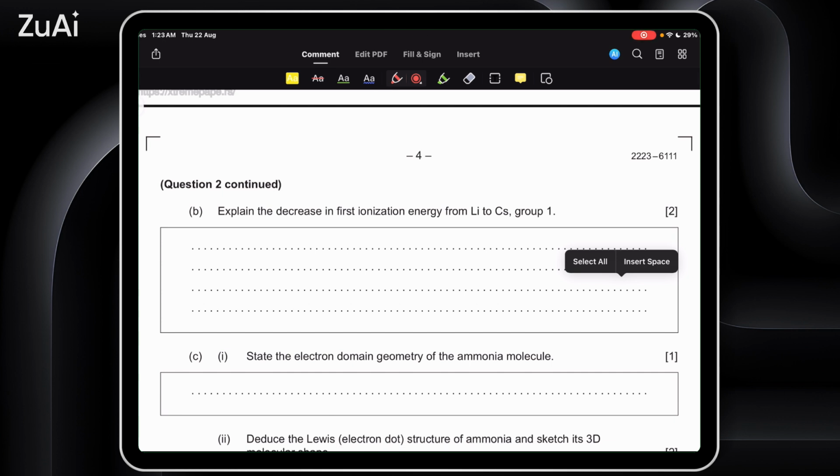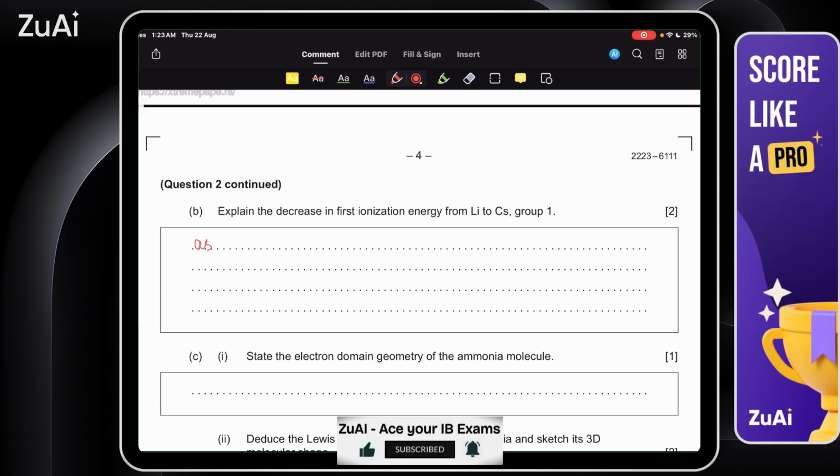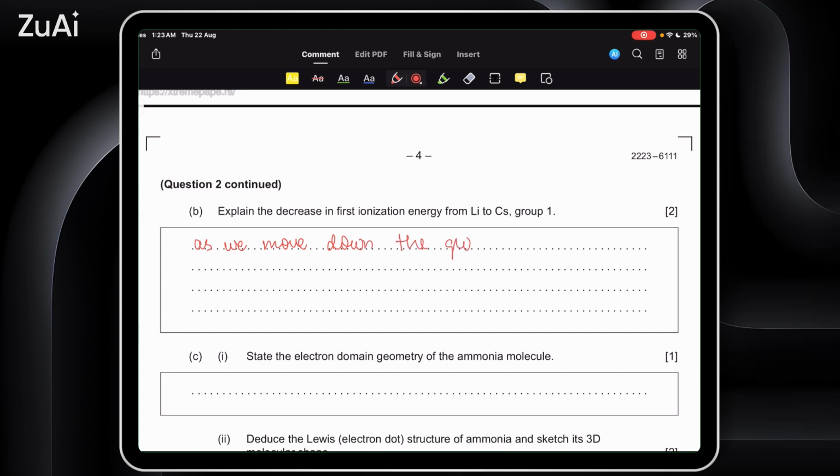Explain the decrease in first ionization energy from lithium to cesium down the group. As we move down the group, what happens? Number of shells increases. So as we move down the group, shells increase. So shielding effect increases.